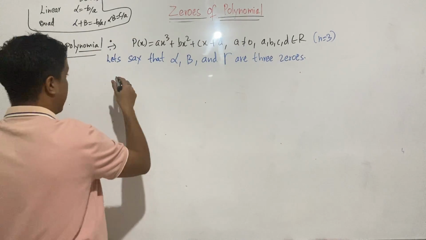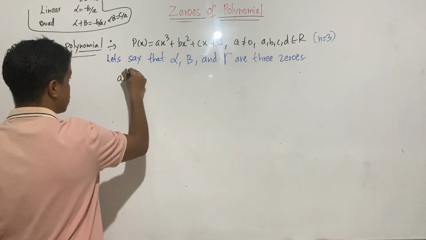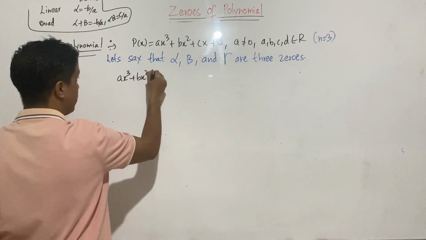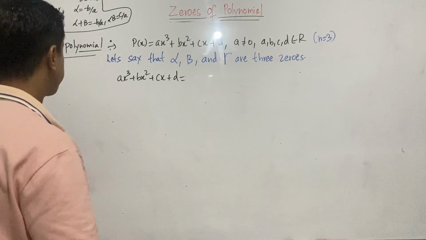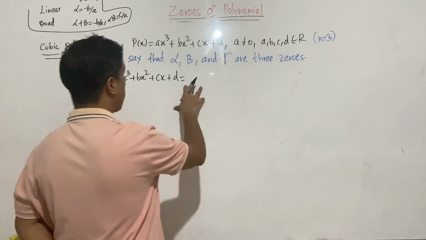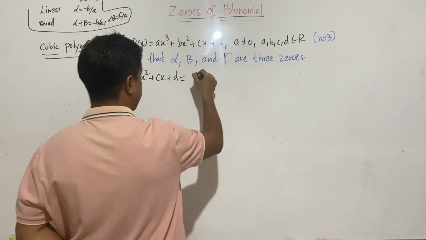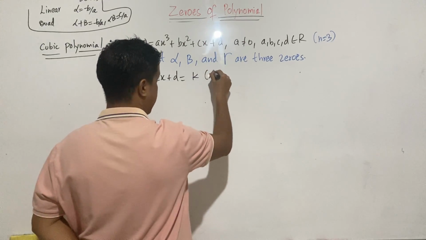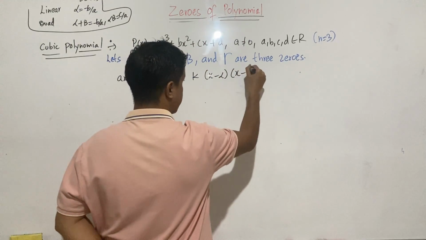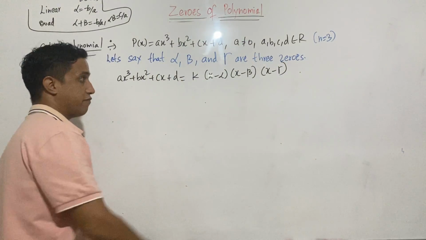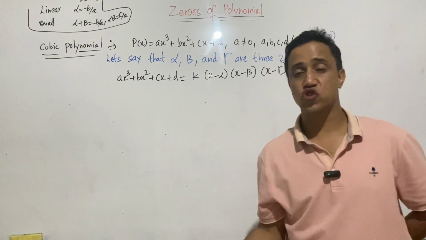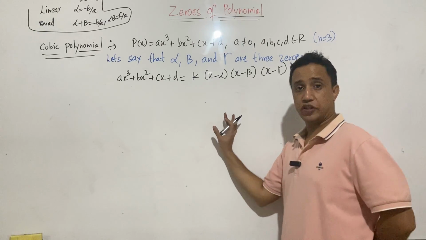So can I say ax cube plus bx squared plus cx plus d is going to be k constant times x minus alpha, x minus beta, and x minus gamma. Alpha, beta, gamma are the 3 zeros of this cubic polynomial.